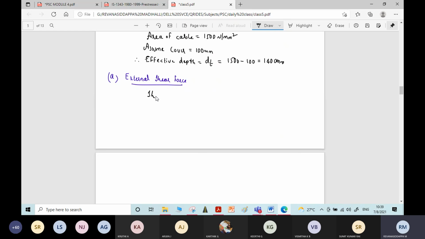Shear force V is equal to 900 kilonewton.